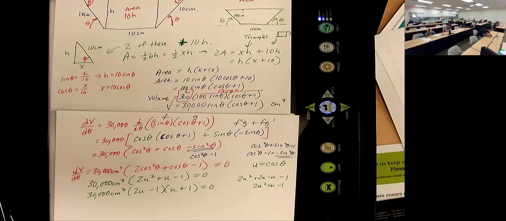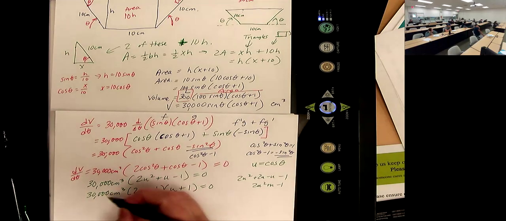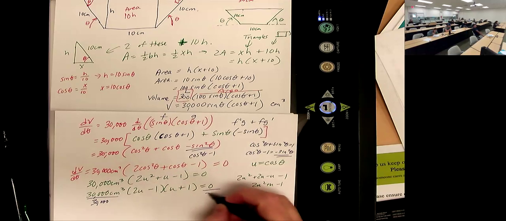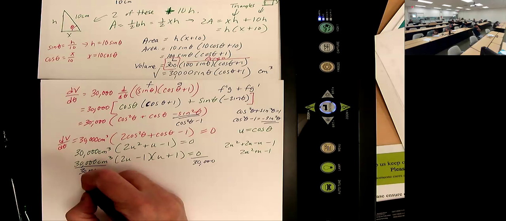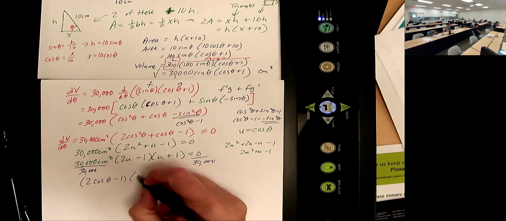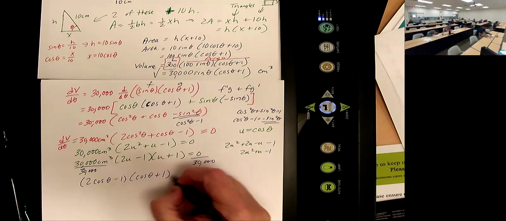So we can divide by the 30,000, which means the 300 didn't play a factor at all, right? We never did need the 30 or the 300 centimeters in there. We divide by 30,000 and I get 2u minus 1, which is 2 cosine theta minus 1, times cosine theta plus 1 equals 0.